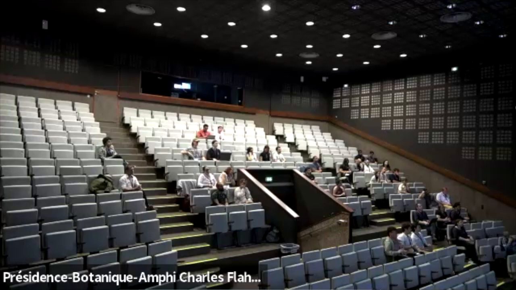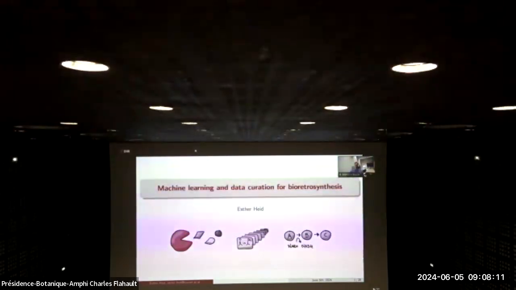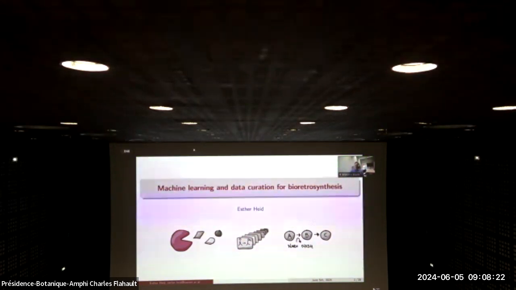regular session. Our first speaker is Esther Hyde. She graduated in 2019 with a PhD in theoretical chemistry from the University of Vienna. Then in 2020 she joined the research group of Green at MIT, where she specialized in chemical kinetics, and she's now a research associate at TU Vienna.